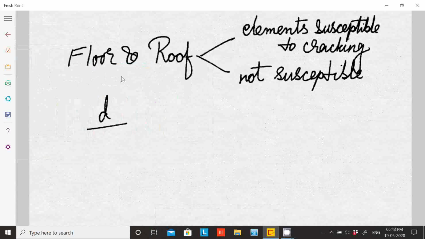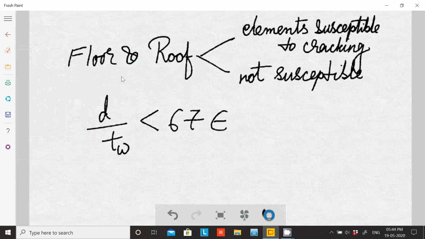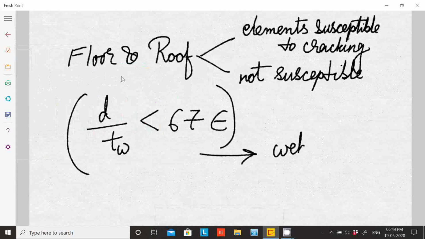This you can decide with the help of d by tw. It was less than 67 epsilon. If you generally get this condition, you can say that the web has a very low chance of being affected by shear, so there will be no cracking. So you have to select this.